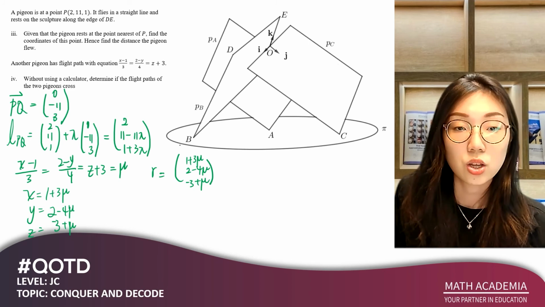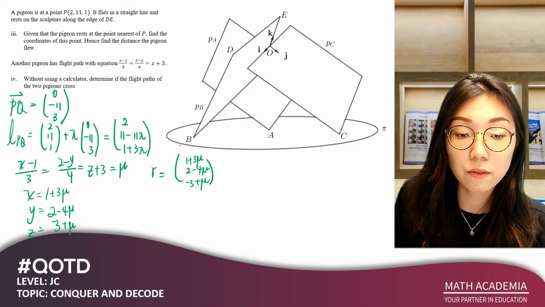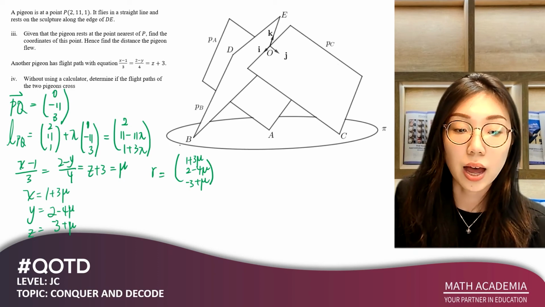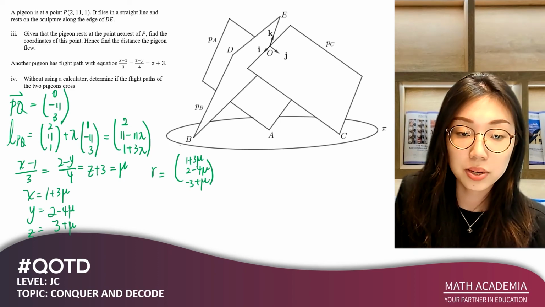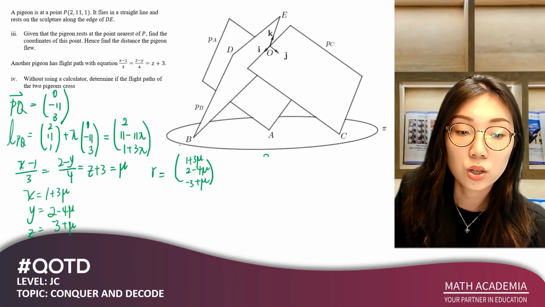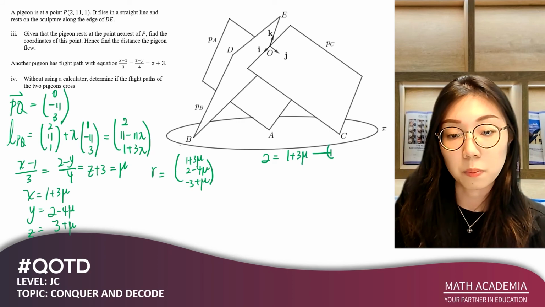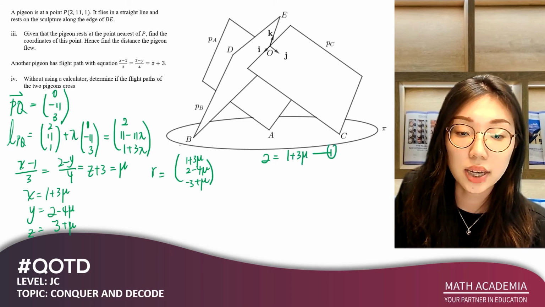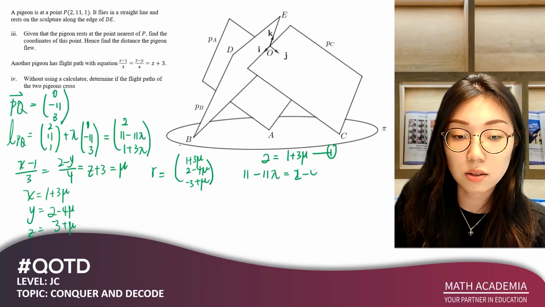Okay. So equating the two equations that represent the flight path of pigeon 1 and pigeon 2, we have three equations. Alright, equating x with x, I have 2 equals 1 plus 3 mu. This would be my first equation. My second equation would be 11 minus 11 lambda equals 2 minus 4 mu.